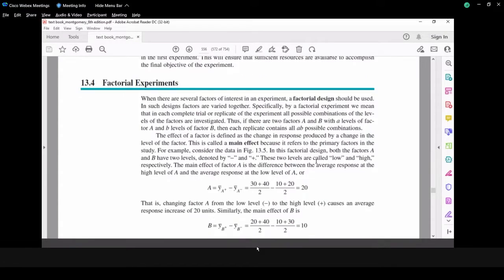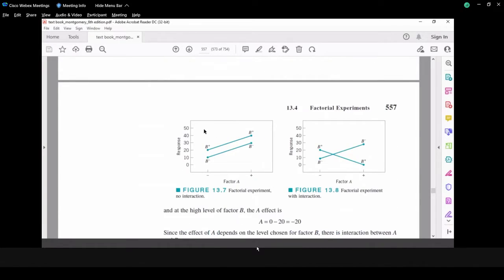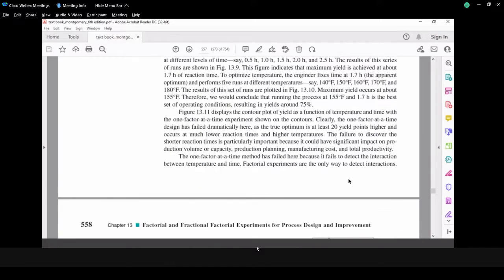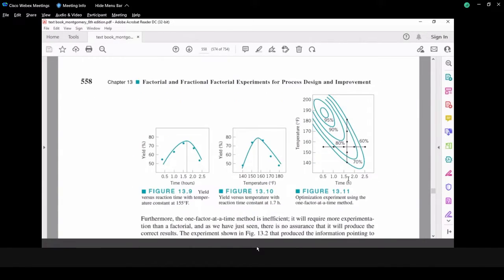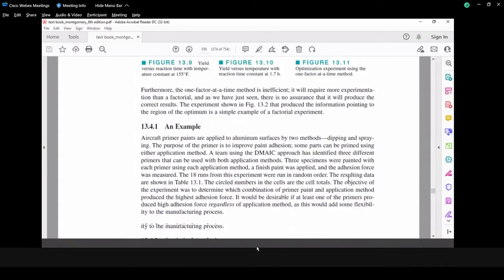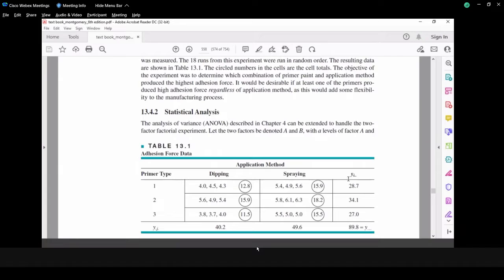This is no interaction. This is interaction exists. Whatever I have discussed today, you must read. As a student, you must be able to read a lot from reliable sources.